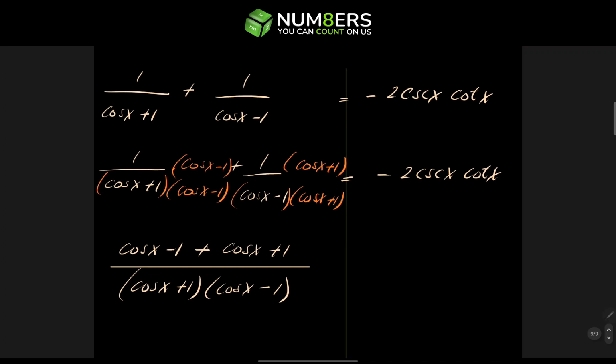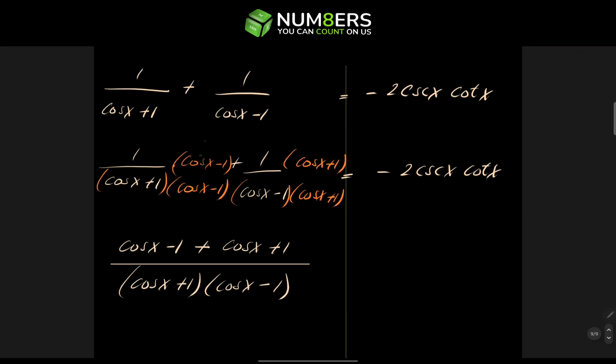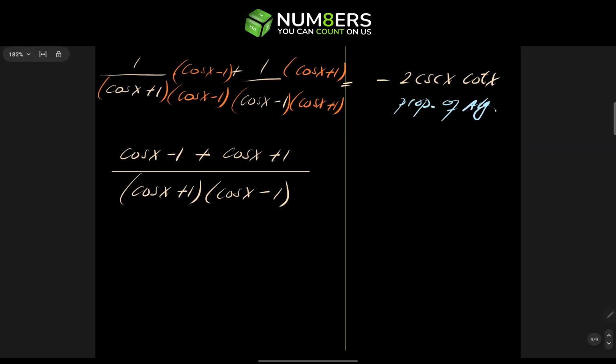Again, for the first part, I forgot to write what that is. By adding a common denominator, I just did properties of algebra. And then here we simplified by adding the top and writing them both on top. So this is simplifying. Let's just copy paste this to make it easier.